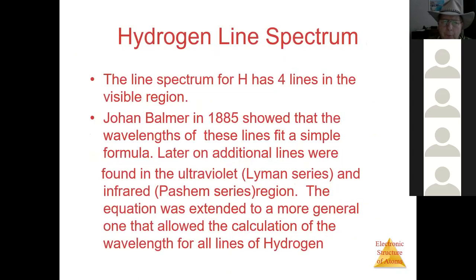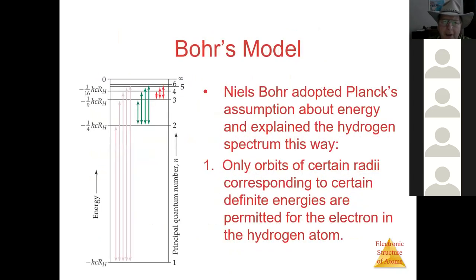Now, remember, if we're going back here, we've excited the electron to the third level, right? It had more energy, it gave up that energy to come to the first level. Is that exothermic or is that endothermic?